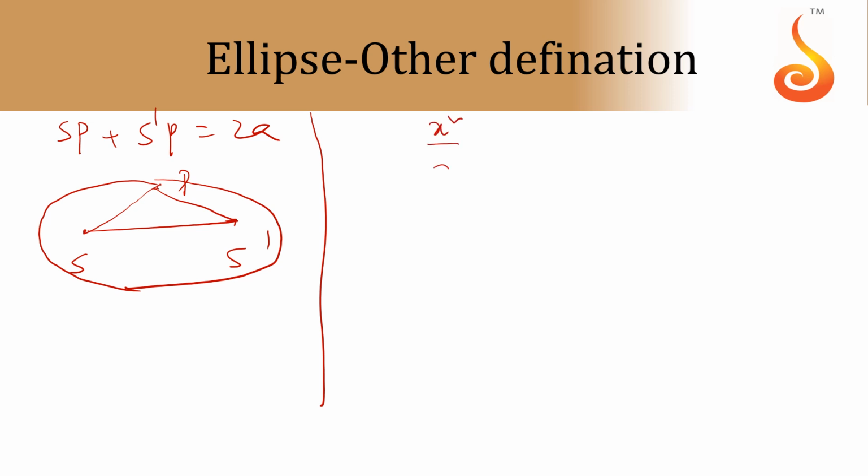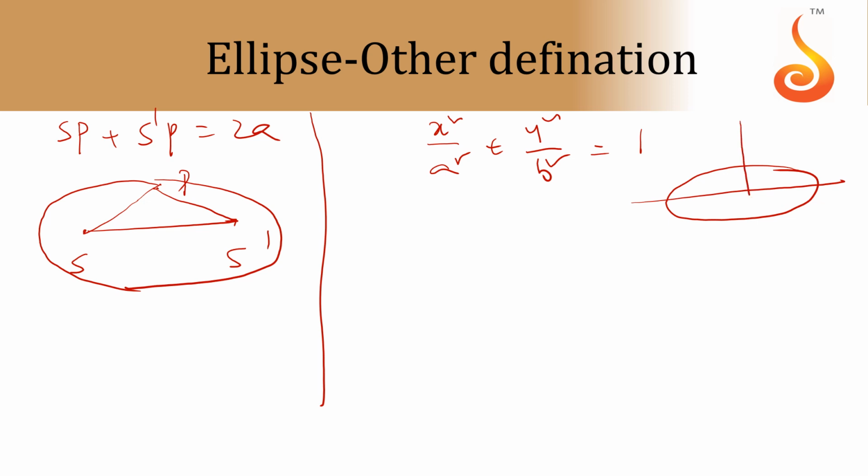If you see x square by a square plus y square by b square equals 1, there are two axes, the major and minor axes. Here this is y equals 0, this is x equals 0. If you take any point, the perpendicular distance to the major axis is denoted by the y coordinate, and the perpendicular distance to the minor axis is the x coordinate.